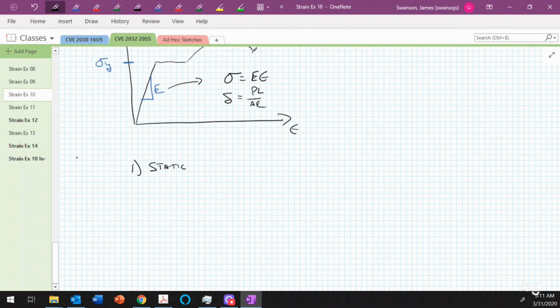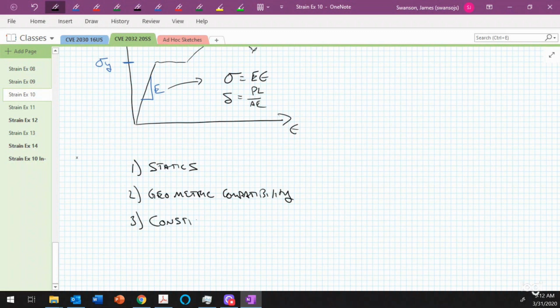So to summarize the solution to the problem here, we start off by looking first at statics to see if we could determine the internal member forces. We can't use statics alone in this case to determine all the internal member forces, so we have to go to our second tool in our toolbox, geometric compatibility. And then finally, we use the third tool in our toolbox, the force-deformation relationship, or Hooke's law, or constitutive relationship.